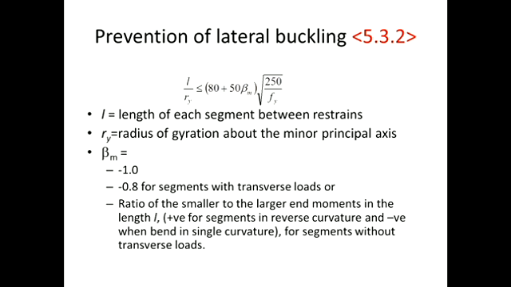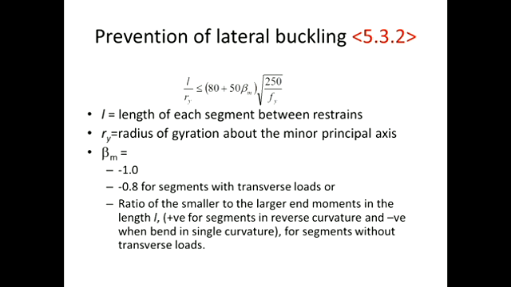So we are taking the value which is going to be maybe defining lateral torsional buckling, and then the value of beta m. So we can adopt a value of -1, which is conservative, or if we have transverse loads, then we can adopt a value of -0.8.